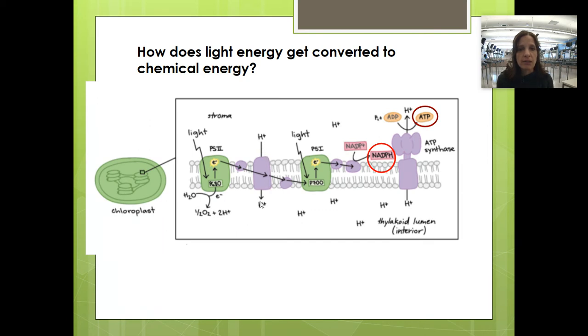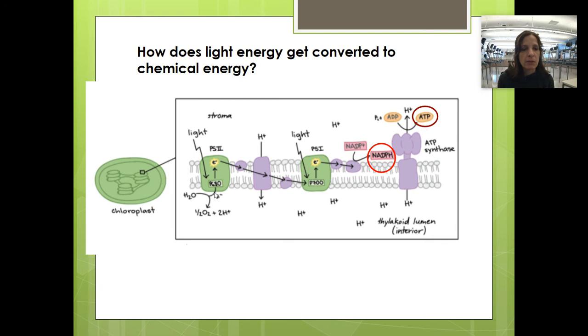Those hydrogen ions are getting pumped through, more light comes in, boosts that electron up again, and then NADPH is formed. So NADP grabs that electron. Here NADP plus is the final electron acceptor. It gets reduced into NADPH.